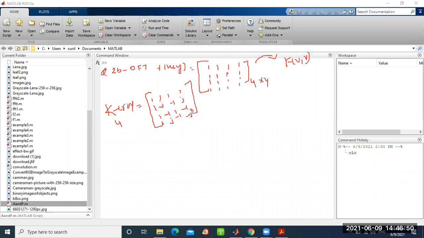Fine. So this is the kernel for the 4 cross 4, or I can say this is a base function. Okay, this is my base function which is given. Okay, base function is fixed for 4 cross 4 matrix which is given by this one.